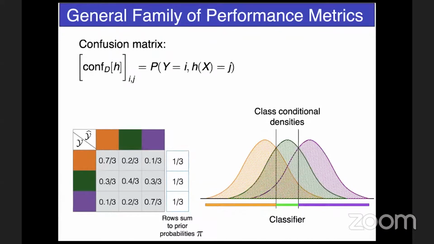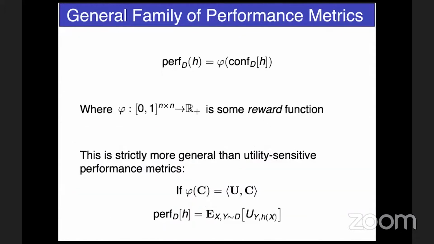Okay, so that's the generalization we are doing. We are looking at performance metrics of a classifier that are a function of the confusion matrix of the classifier, where this phi is some reward function. That's the goal here. And this is strictly more general than utility sensitive performance metrics, because if you use your phi to be a linear function, then this reduces to utility sensitive classification problems.